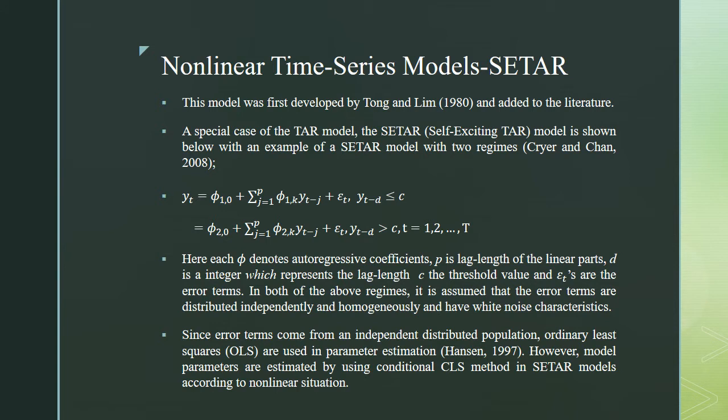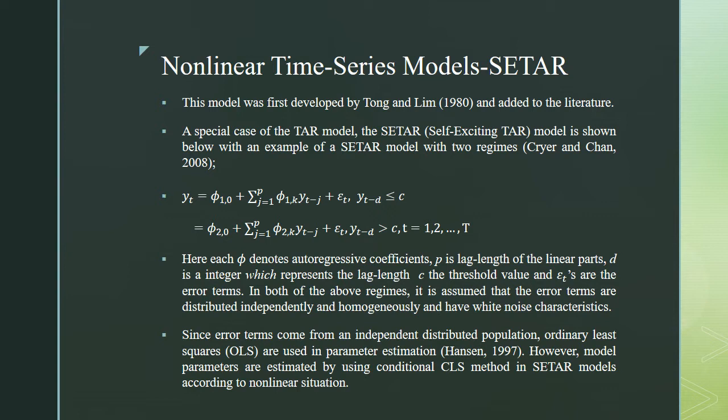Nonlinear time series model SETAR. This model was first developed by Tong and Lim and introduced to the literature. A special case of the TAR model, the SETAR model, is shown below with an example of a SETAR model with two regimes.